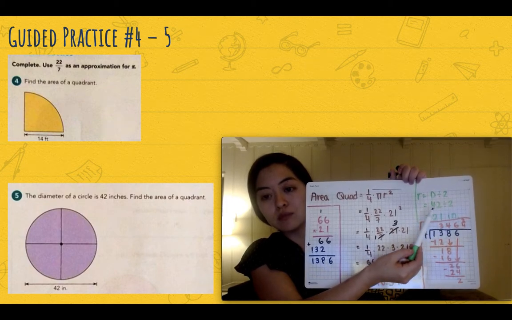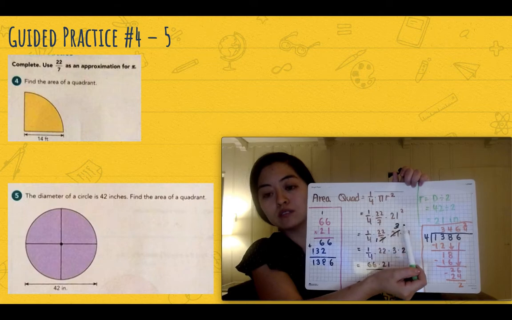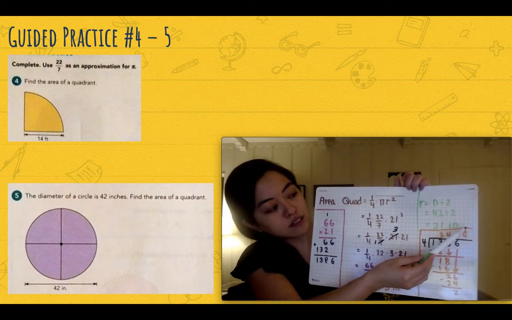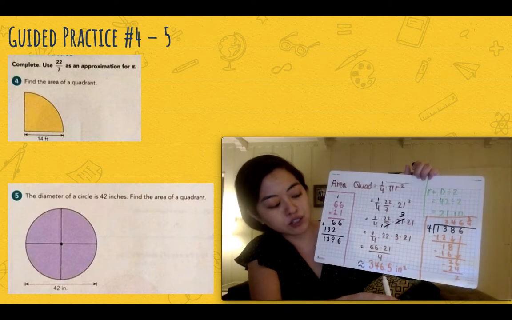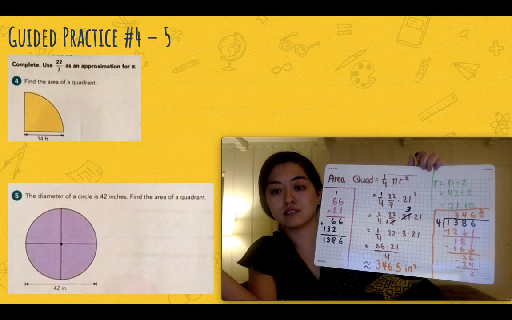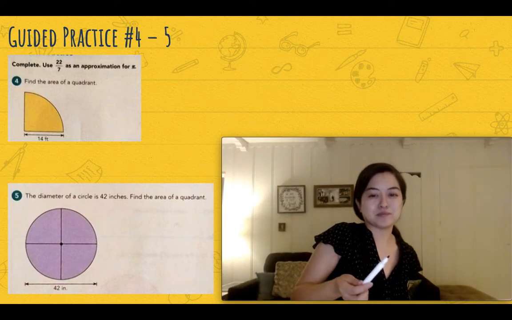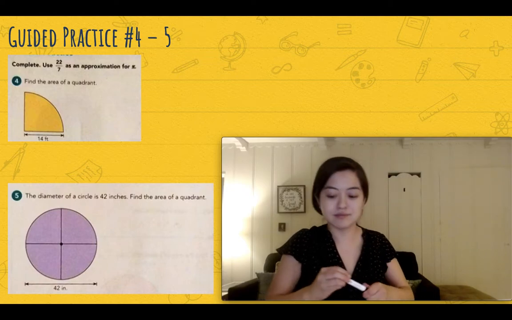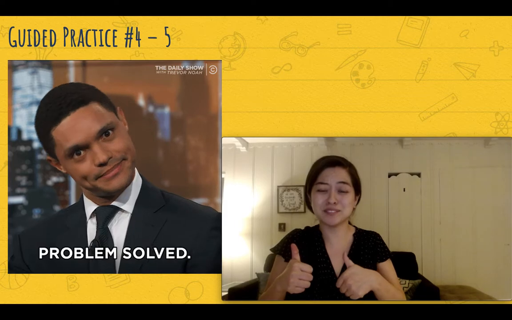Because I'm going to put my remainder over my divisor, and so that's 2 fourths. So 346 and 2 fourths makes a half, which is 346.5 square inches. All right. Problem solved.